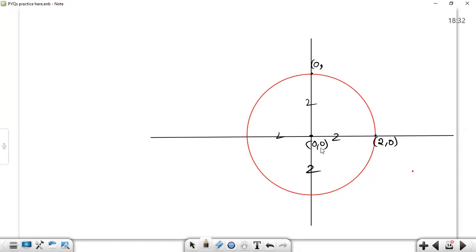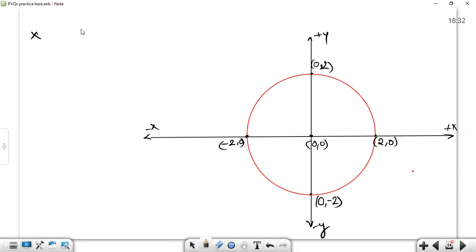This will be (0, 2), this will be (0, minus 2), this will be (minus 2, 0). This is negative x, positive x, positive y, negative y.